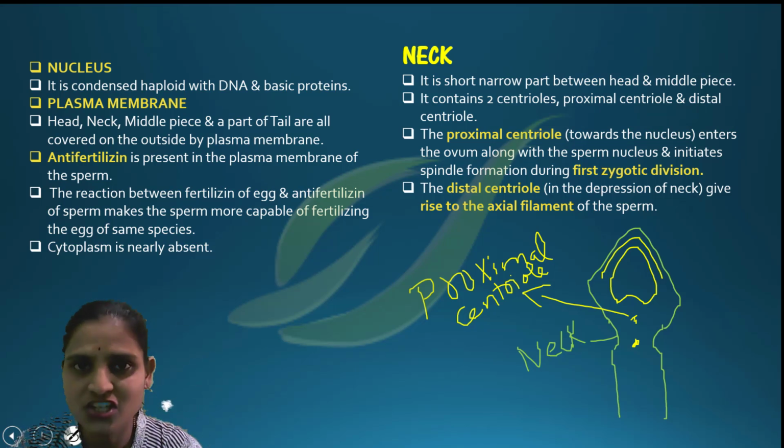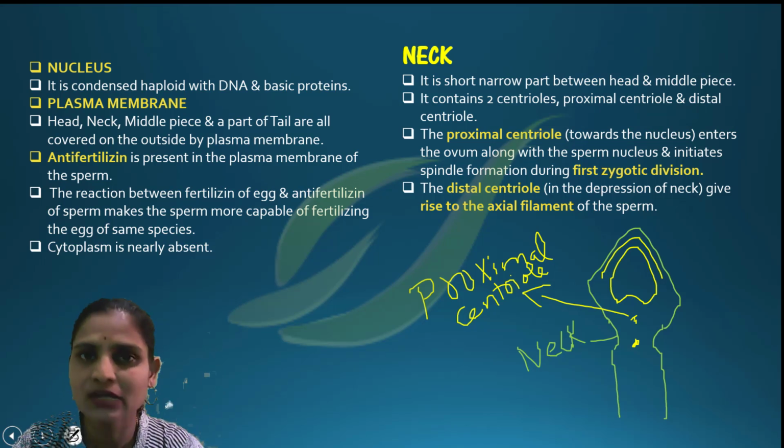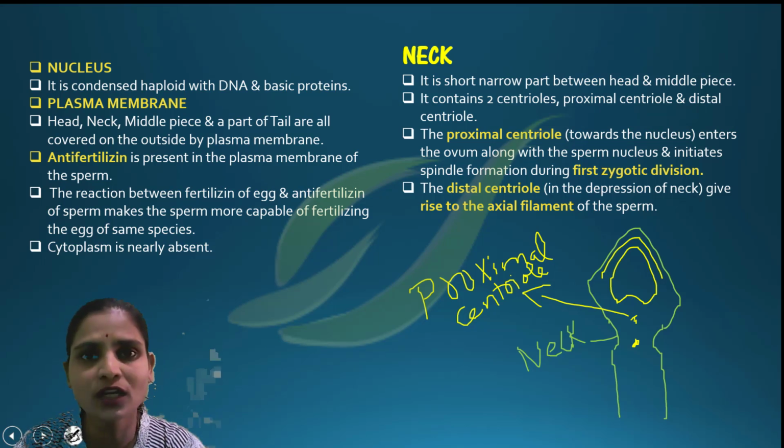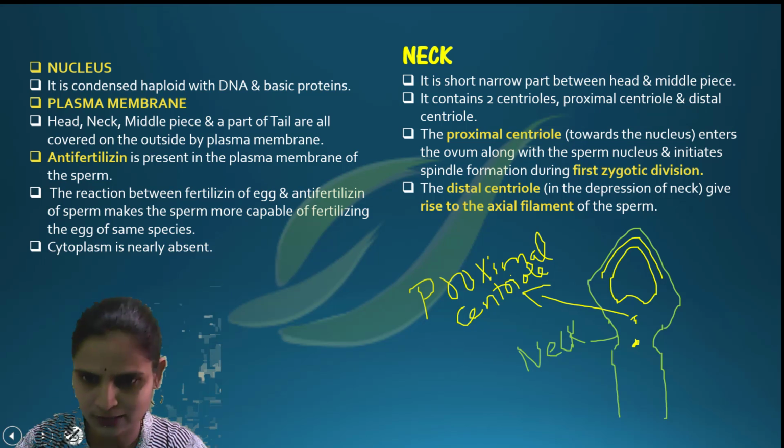Once fertilization completes, once the sperm and ovum fuse, it results in a zygote. The zygote will undergo mitotic division, and during that process, for the first zygotic division, the proximal centriole will produce spindle fibers.